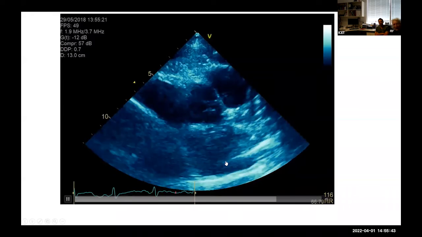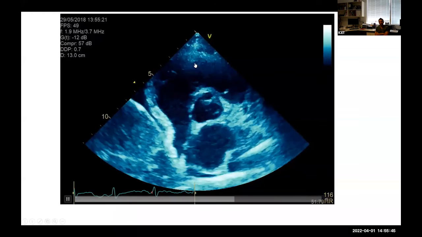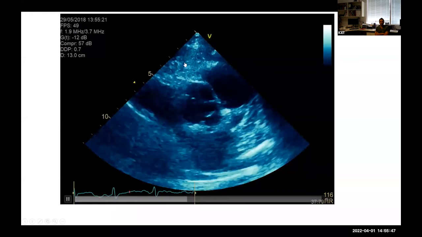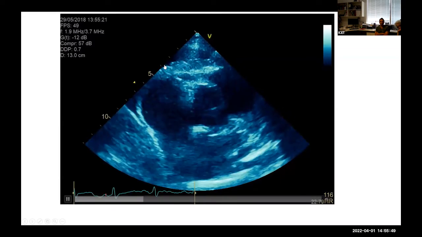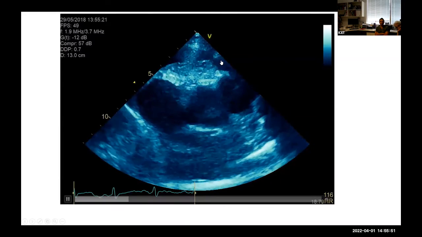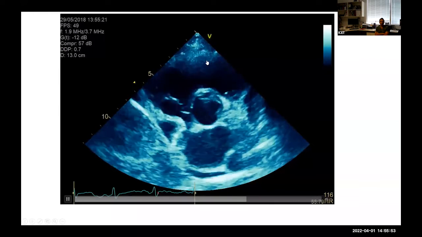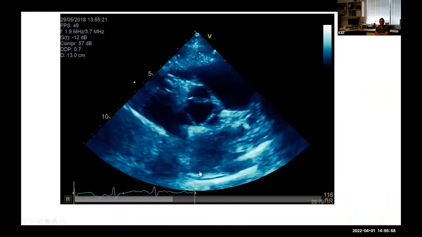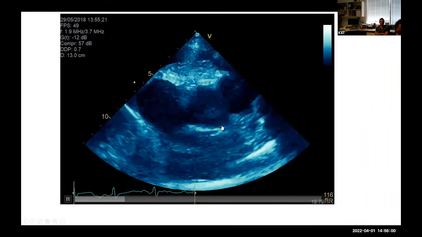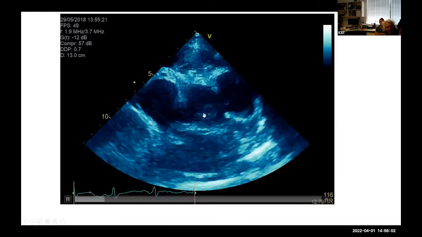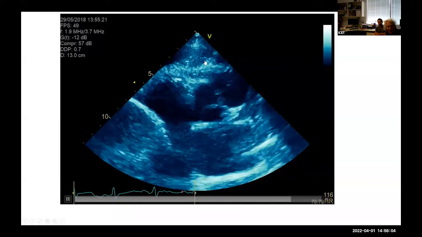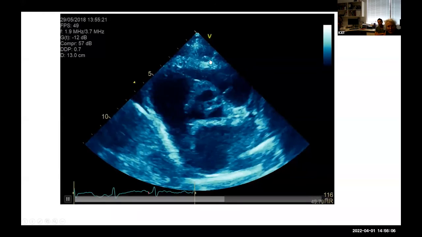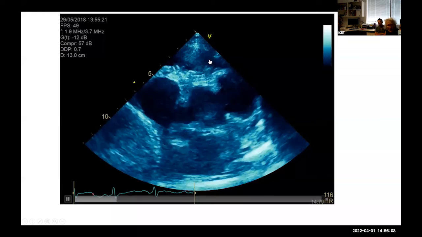And again, this loculated or lobular echogenic material just overlying the RV, or the RV outflow tract. Is it the tricuspid or aortic valve, or part of the RV wall? You can't really tell at this point.